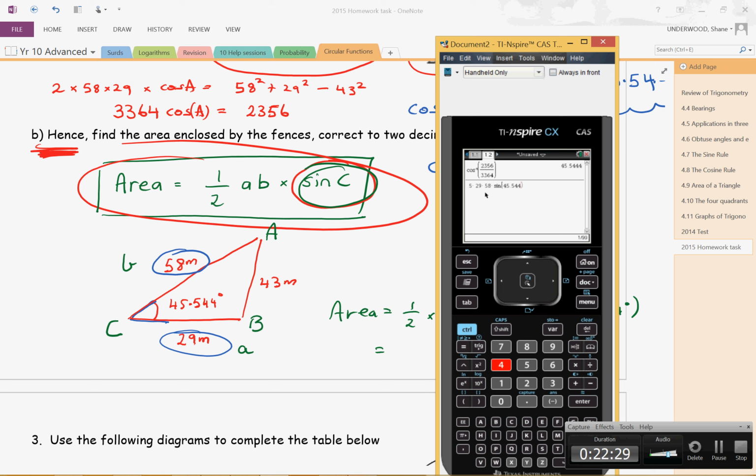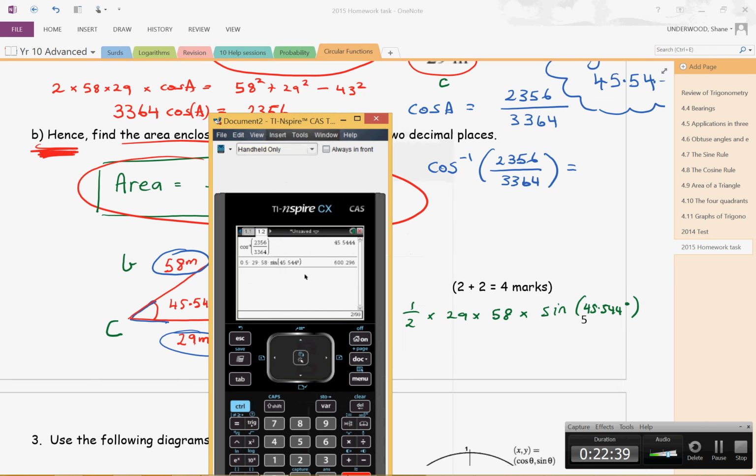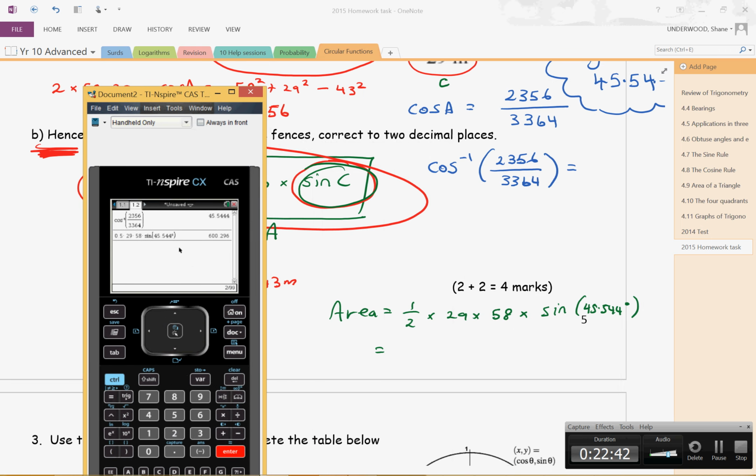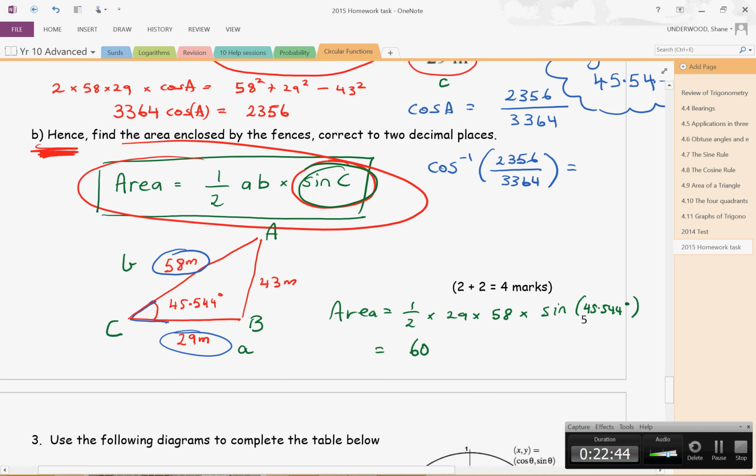Be careful, just in case your calculator wasn't in degree mode, make sure it is. And I've got 600.296. Now, given that the question was in what units? Metres? 600.296, it's 0.30, thank you. 30 metres squared. All right.